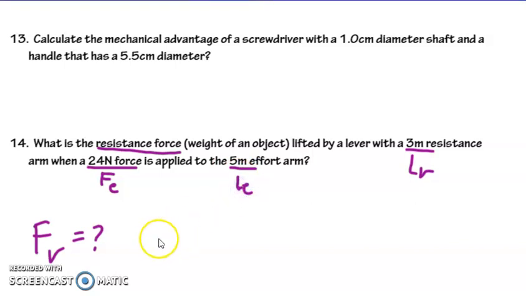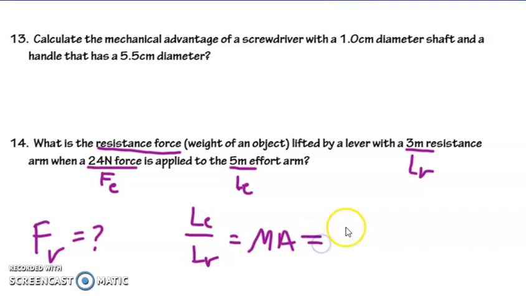Well, what you can do is take the length of your effort over the length of your resistance, and you can get an MA. It doesn't matter if it's the formula for ideal or not. They're talking about this situation where the MA also equals the force of your resistance over the force of your effort.